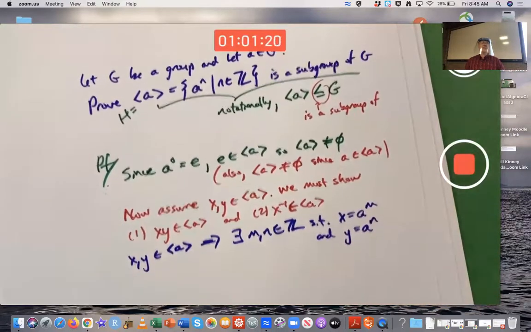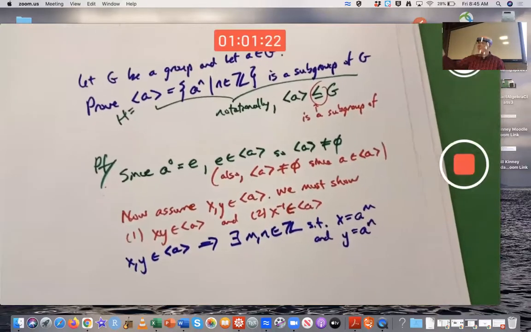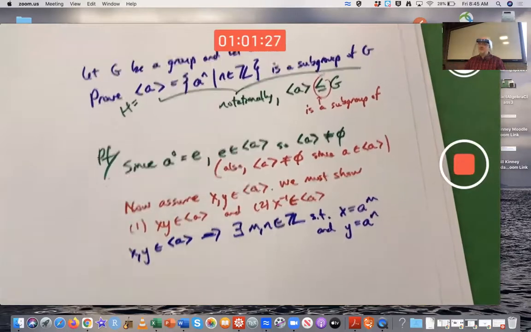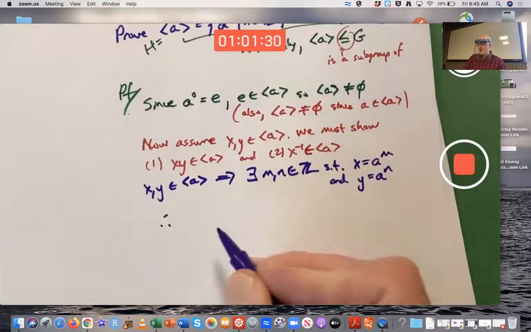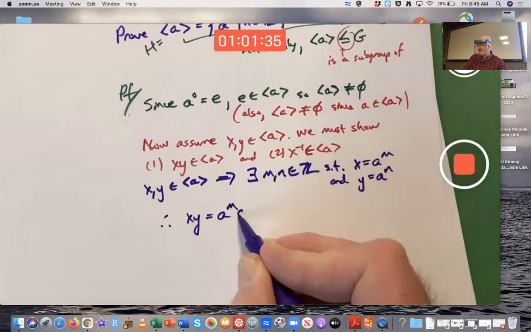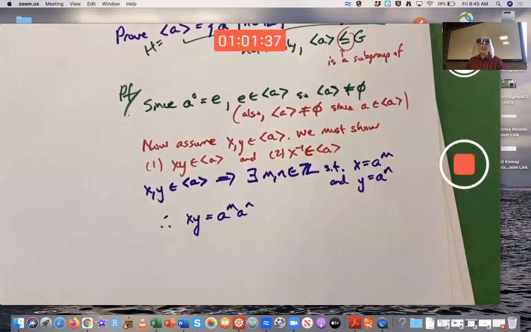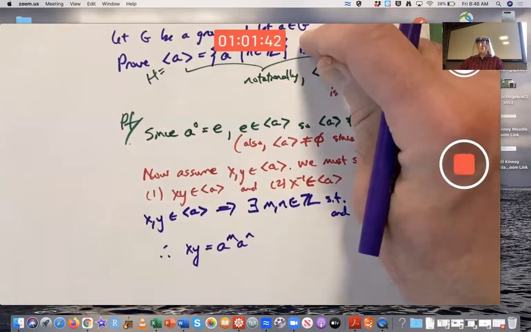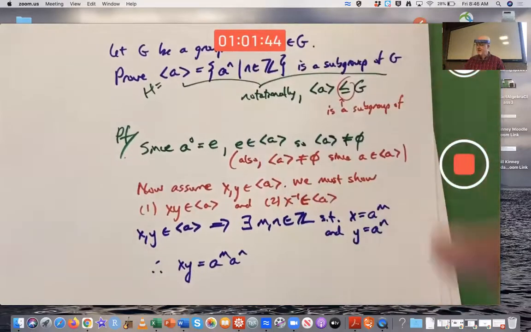Because that's what it means to be in that set. Therefore, X times Y is A to the M times A to the N. The question is, is this product in this set? The answer is yes, but what should I use to verify that? Can I just write that and say I'm done? No. What should I do?